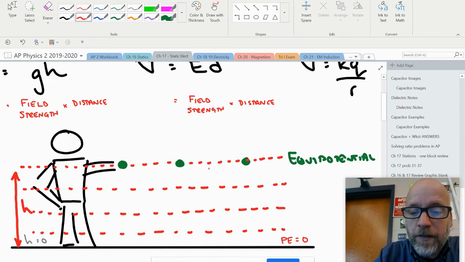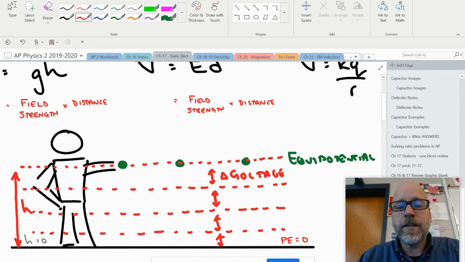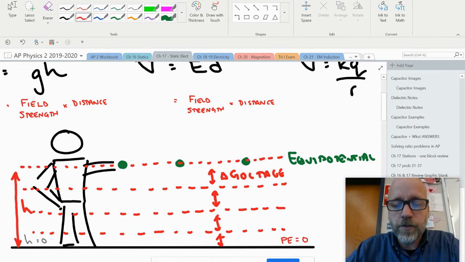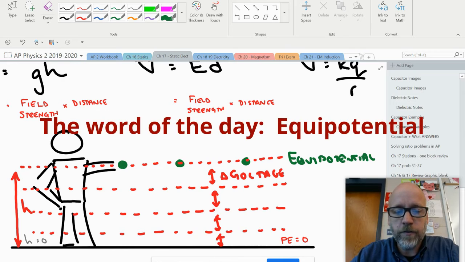And if I were to space them perfectly and correctly, this change in voltage would be the same for each separation. If that's true, I could say that these lines of equipotential were drawn to scale.